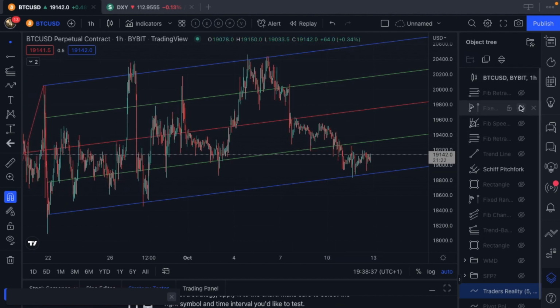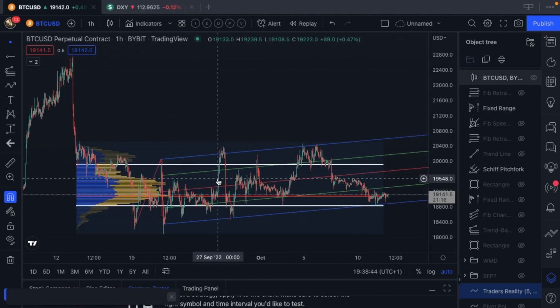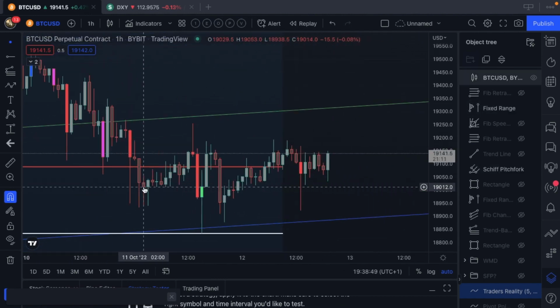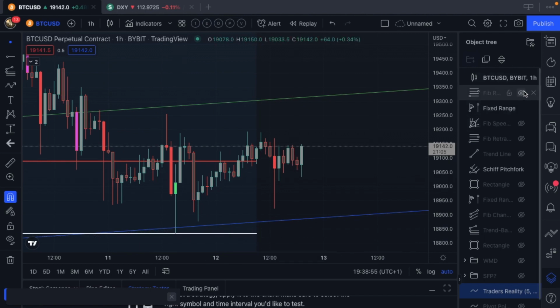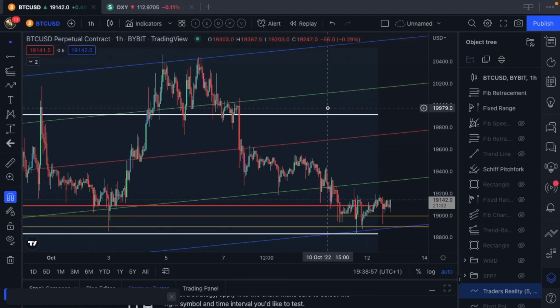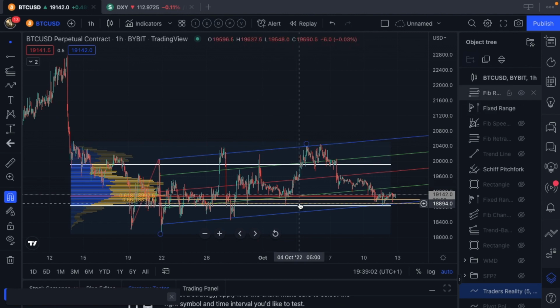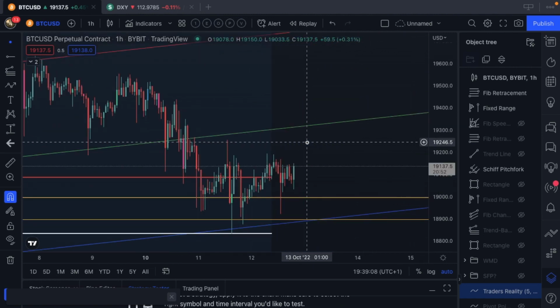It's going to happen. For anyone looking for confluence, here is the range we are in. Here is our range value area, and actually if you look at the value area low, we have hit it to the dollar. So there's some confluence for you. Also, this is a fib pull, and here's the golden pocket from the absolute low of the move to the absolute high of the move in this range.